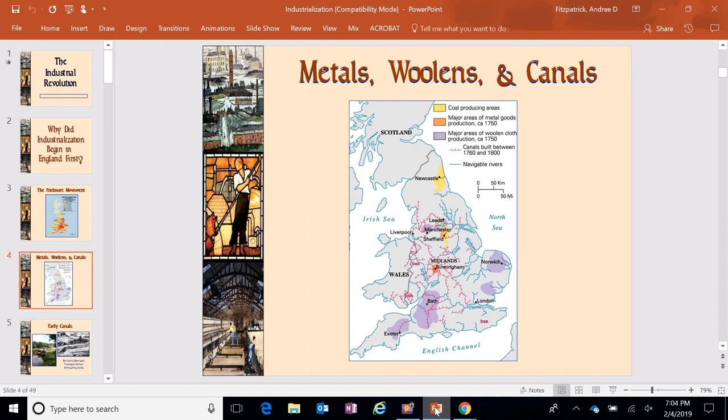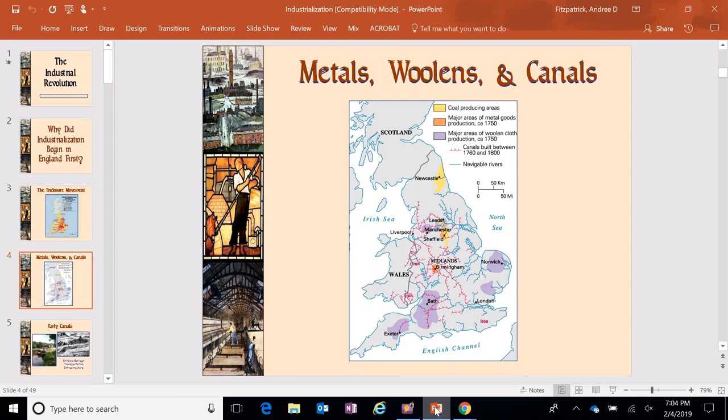In addition, England happens to have a lot of access to water. It's surrounded by ocean on all sides, and there are lots of navigable rivers that crisscross the countryside, which made it easy to use water as a source of power and also as a way to transport raw materials in and manufactured products out.